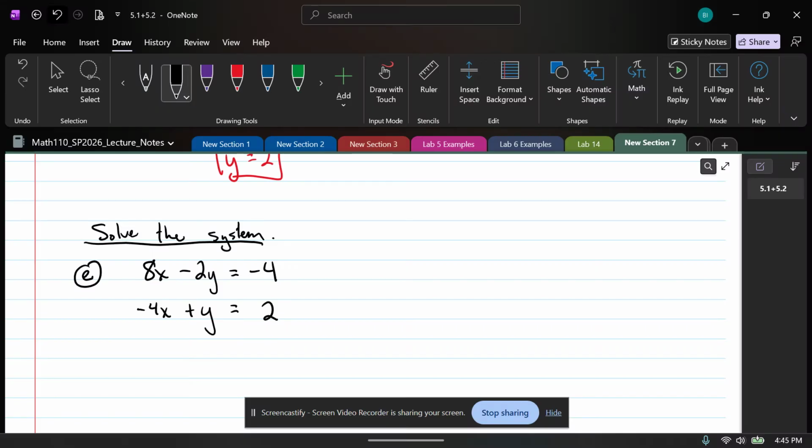So let's pick a method. What method do you guys want to use to solve this? Say it again. Elimination. That's my favorite way. I'm good with that. So if we're going to use elimination, what letter are you going to eliminate? X or Y? Okay, so if we're going to eliminate X, what do I need to do?